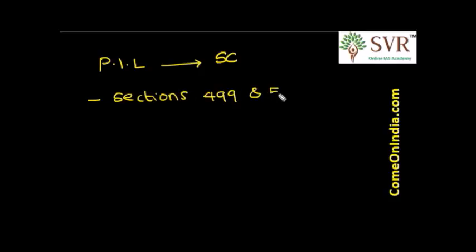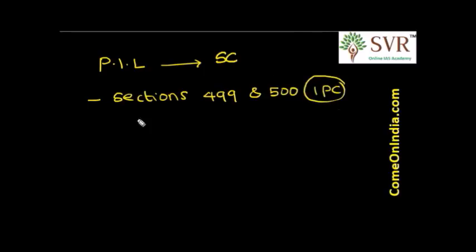Many cases were filed in the Supreme Court to abolish criminal defamation. Public interest litigations were filed in the Supreme Court to strike down the provisions, that is sections 499 and 500 of the Indian Penal Code, IPC.